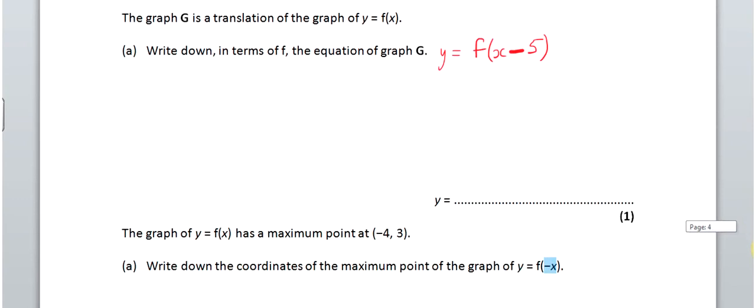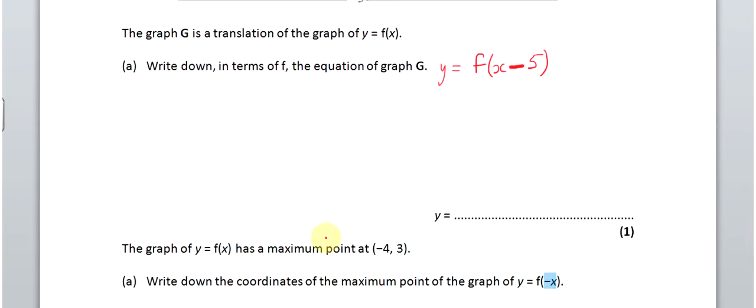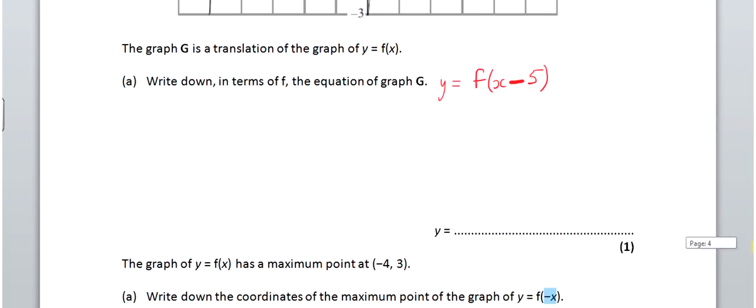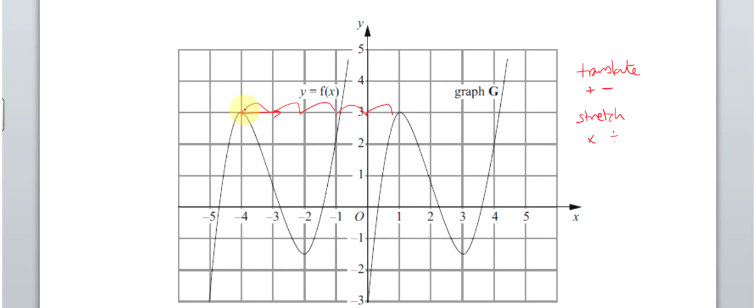Now, part 2. The graph has a maximum point at minus 4, 3. Write down the coordinates of the maximum point of the graph of y equals f of minus x. So, minus 4, 3 is here, and we want to know where it's going to go if we have this. Now, process of working out what this means.